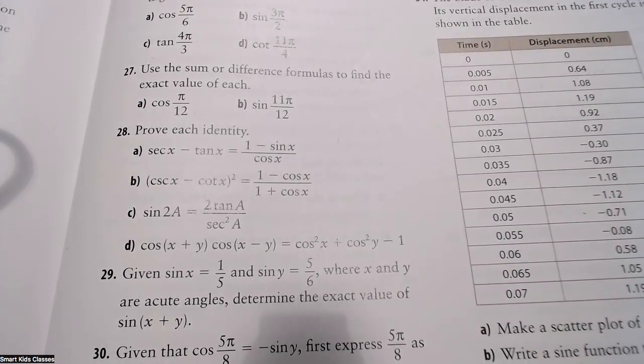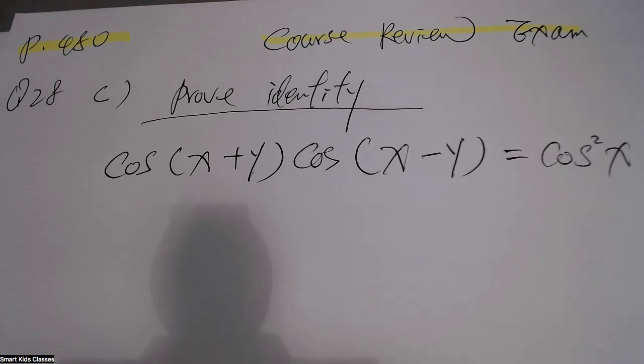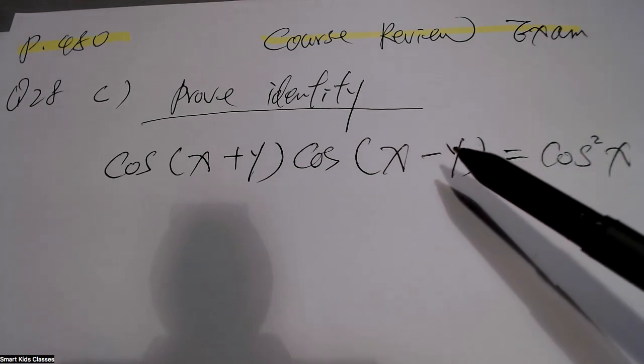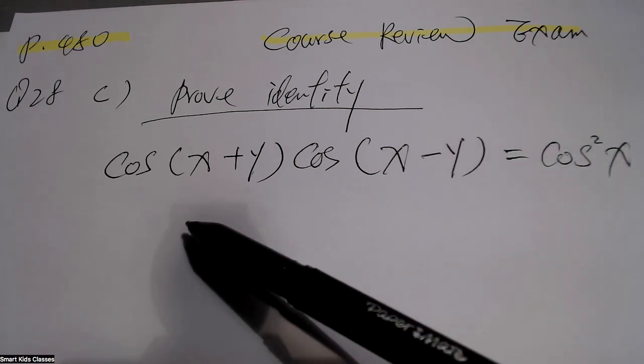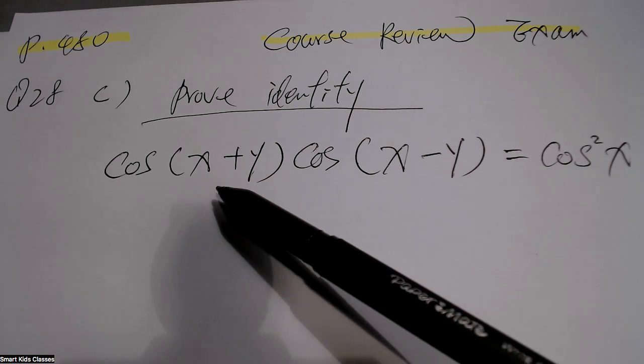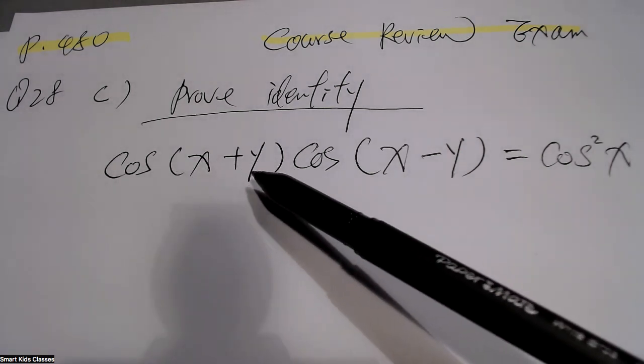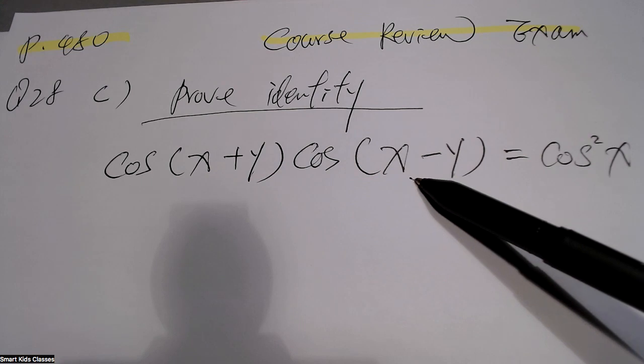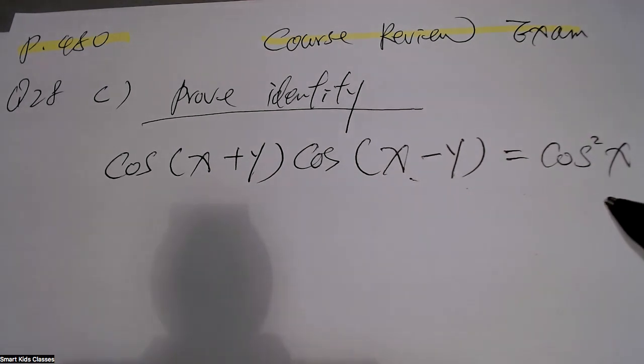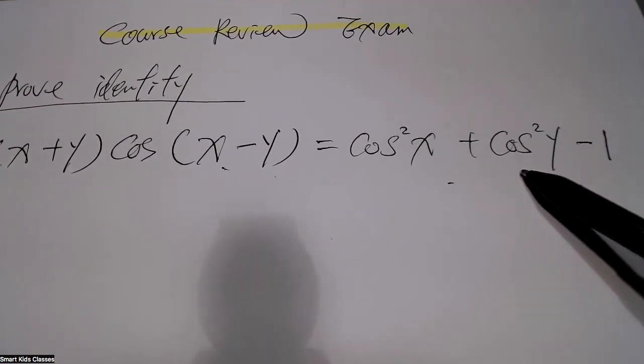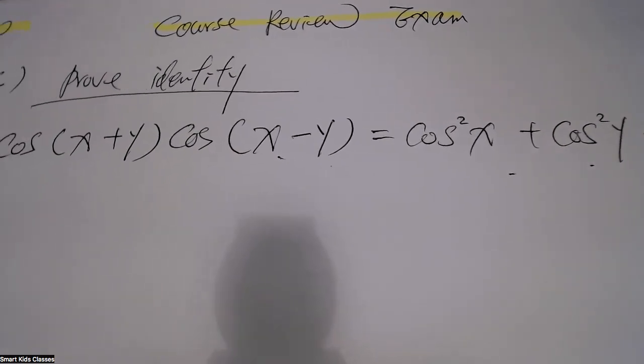Let's start. On page 480, course review for the exam, question 28D: cosine of (x plus y) times cosine of (x minus y) equals cosine square x plus cosine square y minus 1.